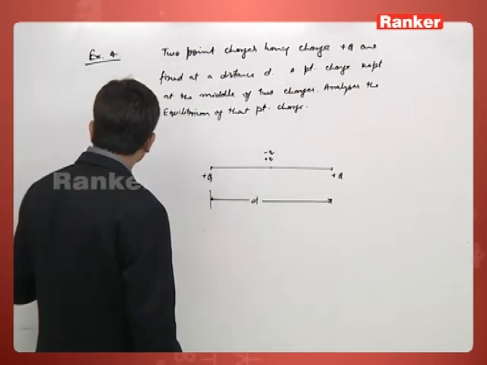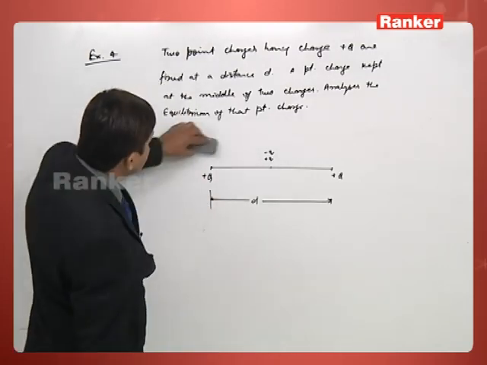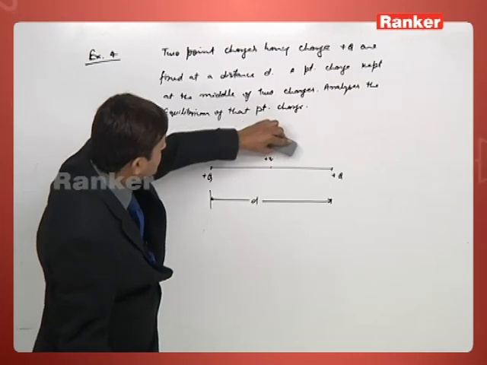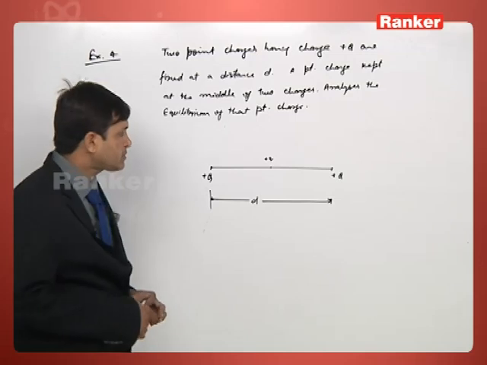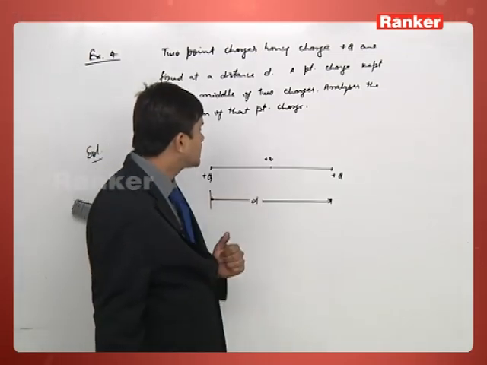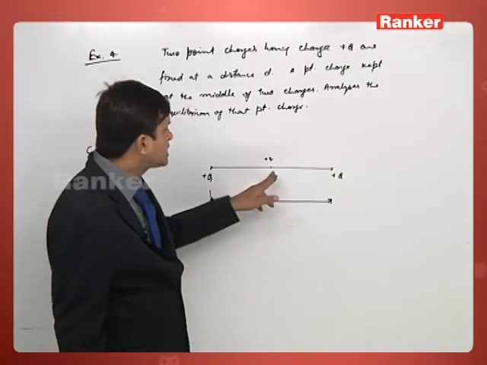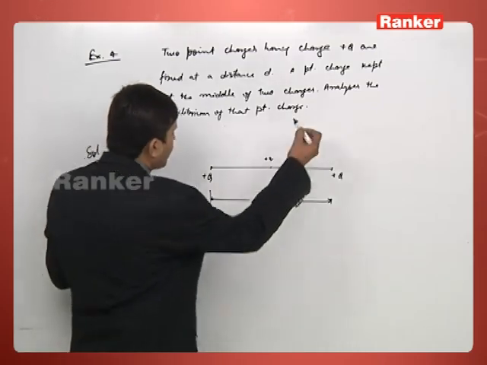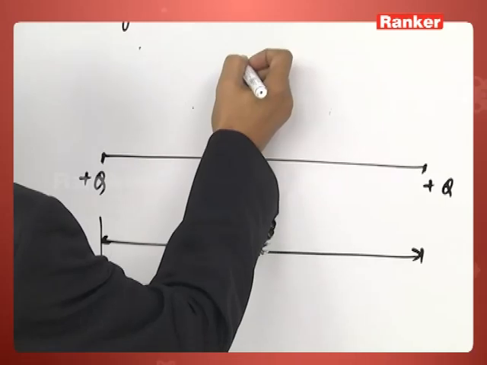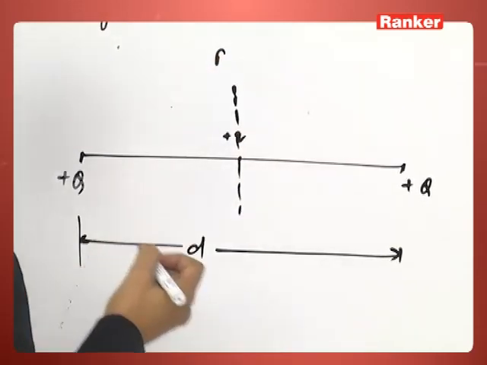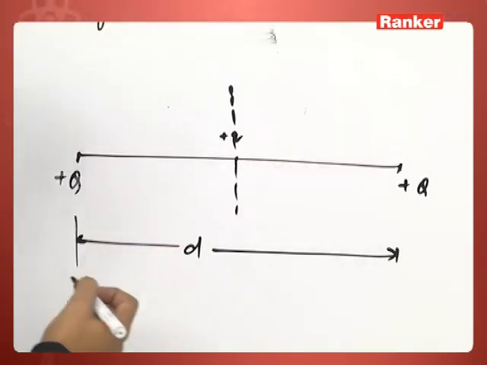See how we will do it. We will consider both charges, positive and negative, one by one. First suppose we consider the positive charge. This is the equilibrium stage. This line we can call the line of equilibrium, or mean position.